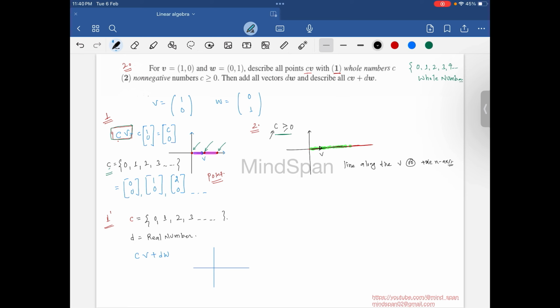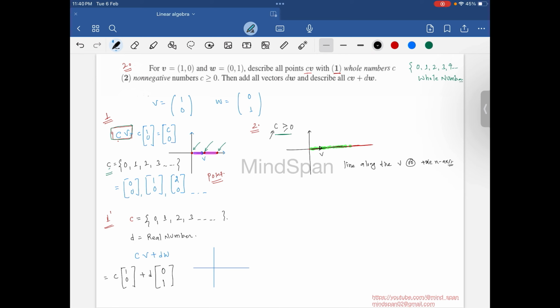First of all, write it out: c times v is 1 0, plus d times w, where w is 0 1 here, right? We have been given this in the question.